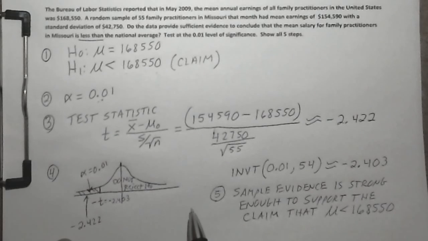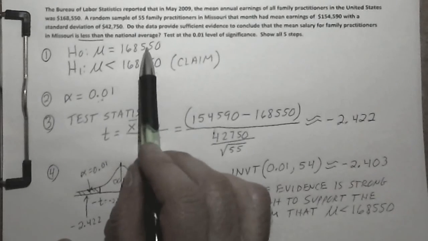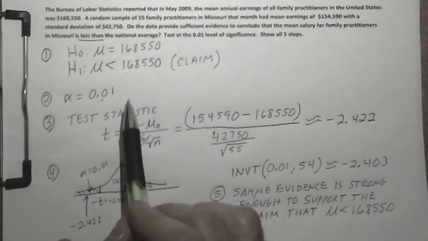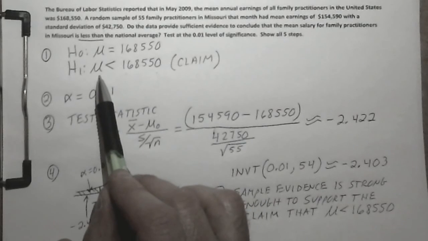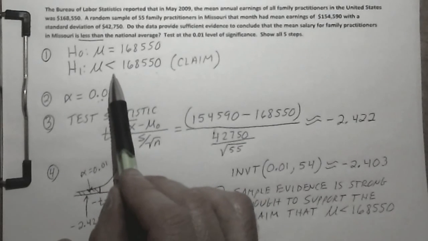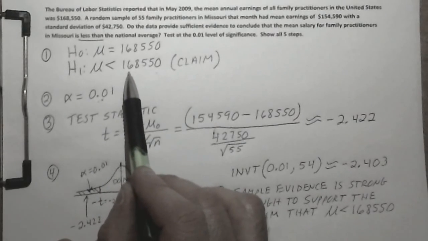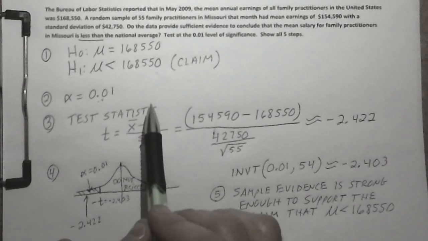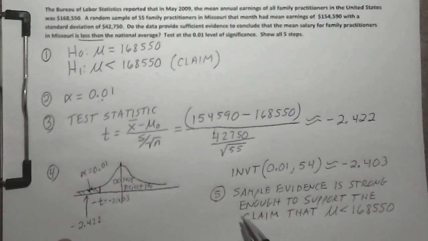So I would have faith, without a doubt, in rejecting the null hypothesis and supporting the claim that yes, it looks like the mean annual salary of all family practitioners is indeed less than $168,550, and that's supported by formal hypothesis testing and our sample evidence from the sample that was extracted from the parent population. So that concludes this lower tail test, illustrating the critical value method for conducting a t-test.